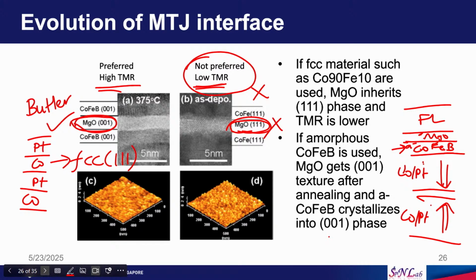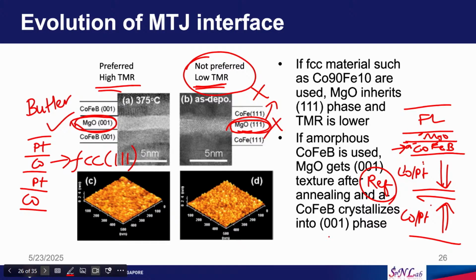So, when you grow materials, you have to think about what kind of crystal structures you are growing, whether this crystal structure will affect positively or negatively, you have to consider all these aspects. Okay, so, cobalt platinum multilayer is a good material for reference layer, because it has a large anisotropy constant.